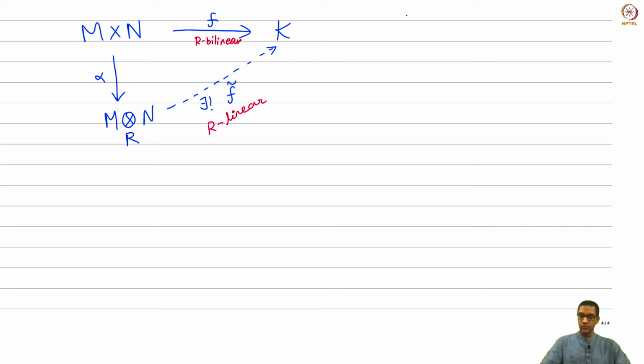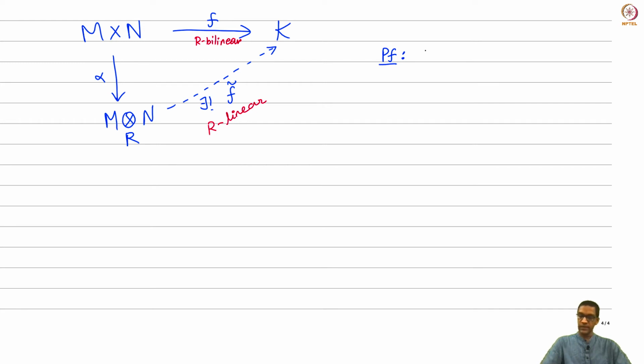Okay, so let's prove this. In some sense, the existence of the map itself comes from the usual property of the tensor product. So let's first look at that. So observe that an R bilinear map is automatically R balanced. Okay, so first I will reduce this to something before.